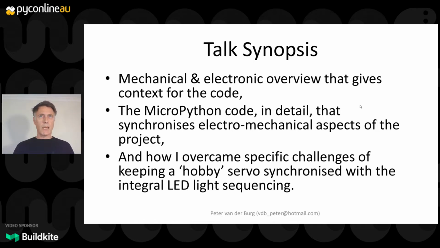We need to understand the mechanical and electronic aspects of the creation to really show what I was trying to achieve. We'll be looking into the code in detail that synchronises the electromechanical aspects and how I overcame the few challenges that I had in making it all work.